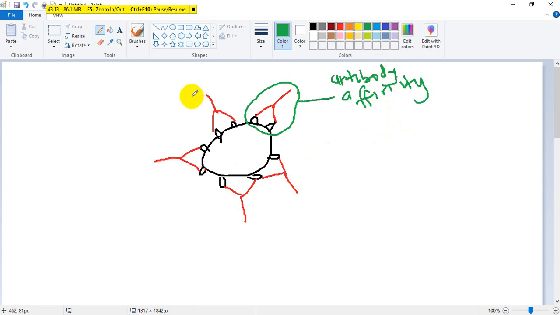Then all of them, 1, 2, 3, 4, 5. So the bond between these antigens and this antibody, this antigen, this antibody, all of them put together gives you the antibody avidity.